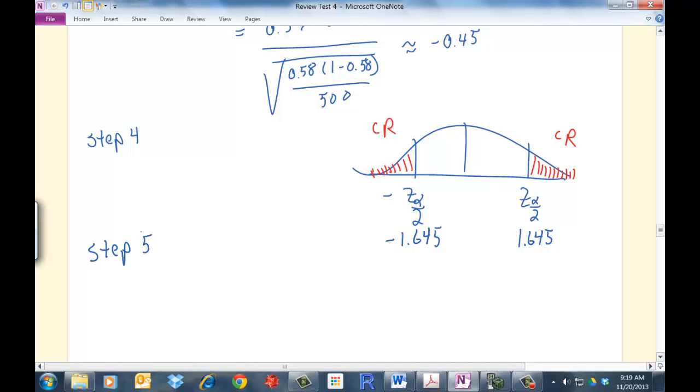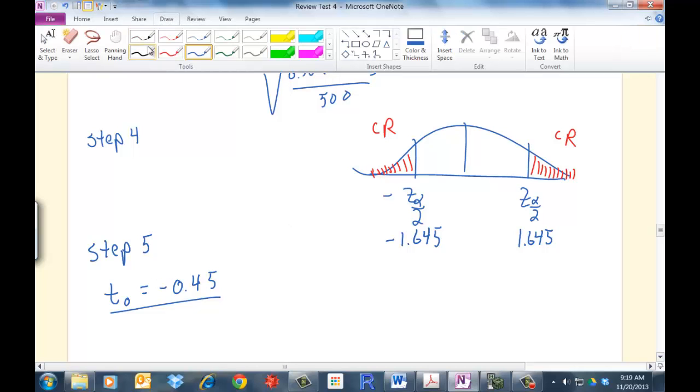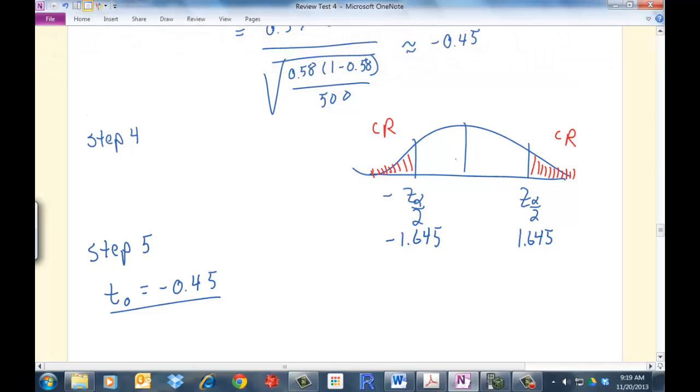Now we move on to step 5, which is compare the test statistic with the critical values. Let's just write down the test statistic. And remember, I told you there was an easy way to do this. Is the test statistic, minus 0.45, located in the red region? It should be clear that it's not in the red region, because it's right here.